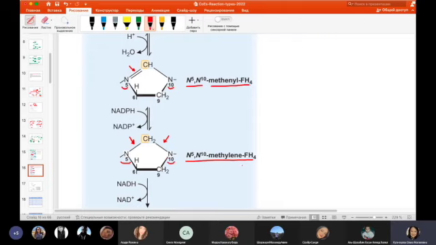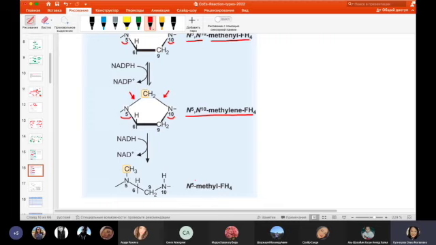And finally, reduction of this bridge leads to formation of N5 methyl tetrahydrofolate with methyl group, which is linked with nitrogen number 5. You have to understand what it means, N5 and N10, and the names of intermediates, methyl, methylene, methenyl, and formyl tetrahydrofolic acid.